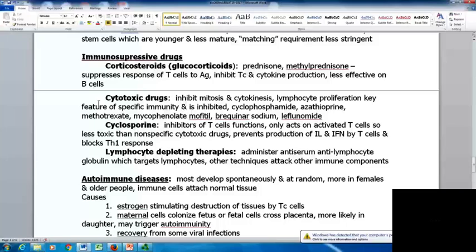It prevents the production of interleukins and interferon by the T cells, and it will usually block the Th1 response. Then we have lymphocyte depleting therapies where you would administer antiserum anti-lymphocyte globulin, which will target the lymphocytes. There are other techniques that will also attack other immune components.